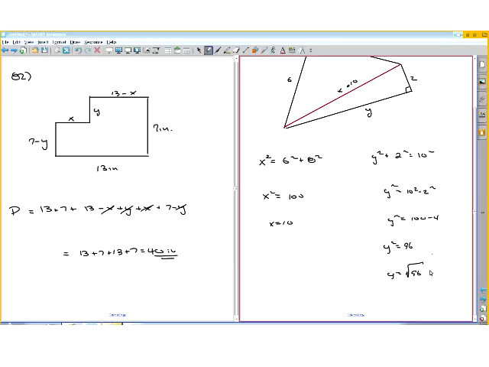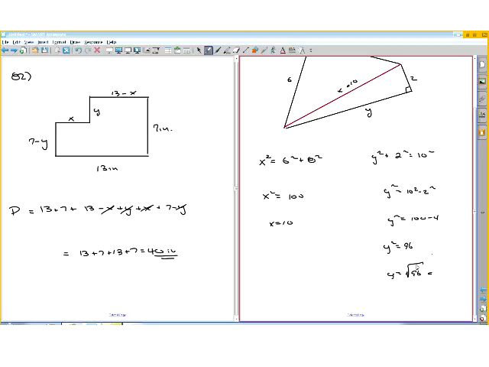And we can change that. What we're trying to do is find a perfect square.